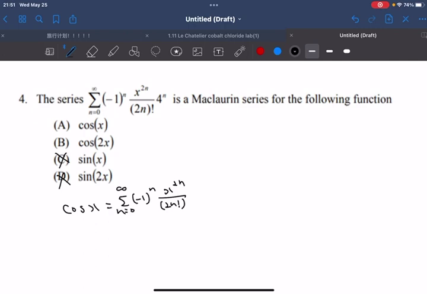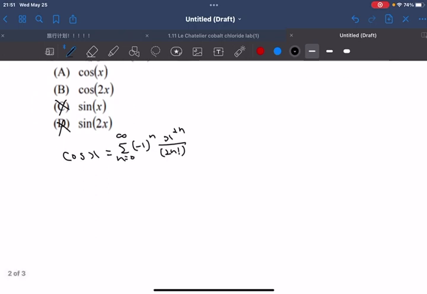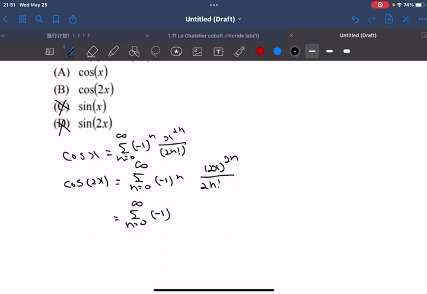But if we replace the x with 2x, cosine 2x, it becomes (2x)^(2n) over (2n) factorial. So we split this part out, it should be 2^(2n) and x^(2n).